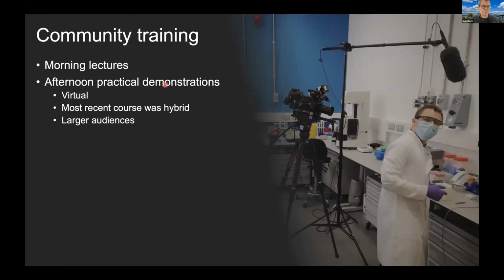And then for the afternoon practicals, we're still at the point where we have to restrict the numbers of people. We've handled up to 20 people in these practicals. There's no way we could do the really concentrated personal training for that number of people. We don't have enough staff, we don't have enough instruments, but that's okay.